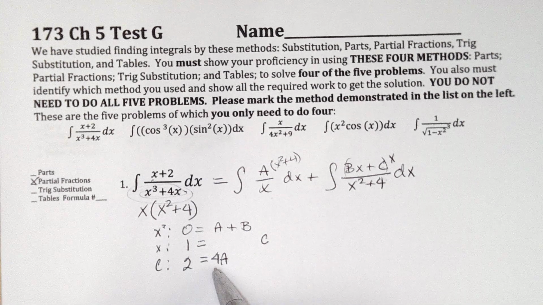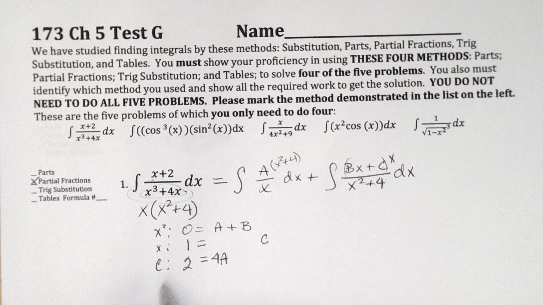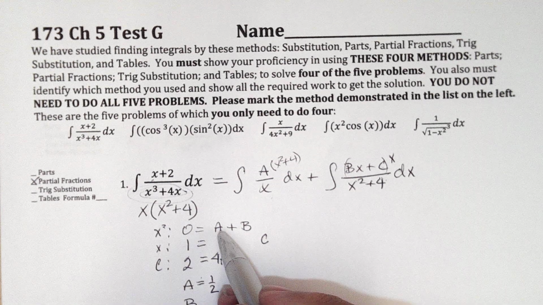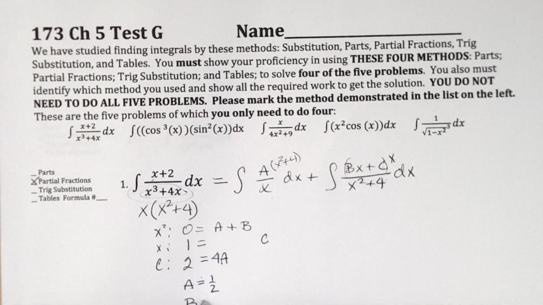So this turns out to be fairly simple. It looks like A is 1/2. B, if A is 1/2, B must be negative 1/2. And we don't even need to do matrices. And C is 1.